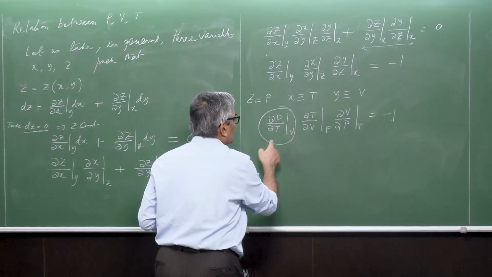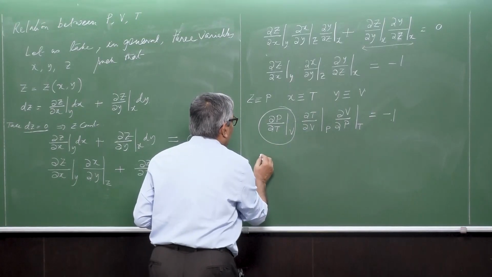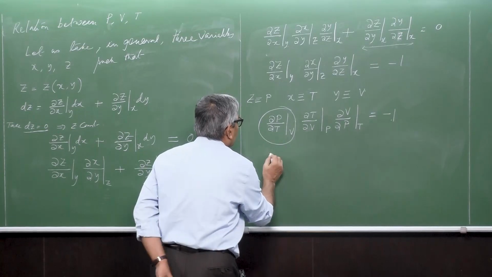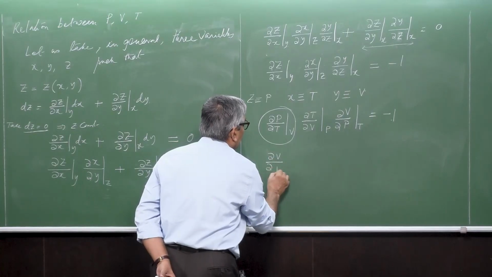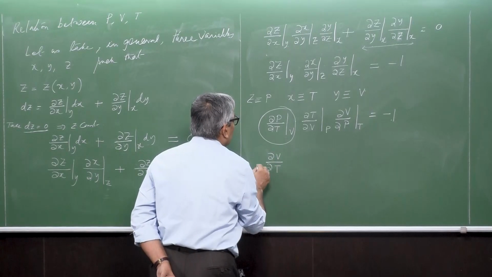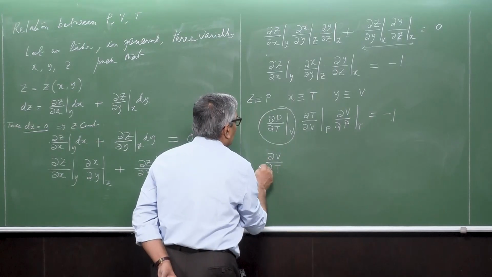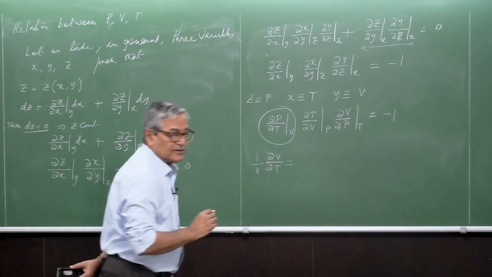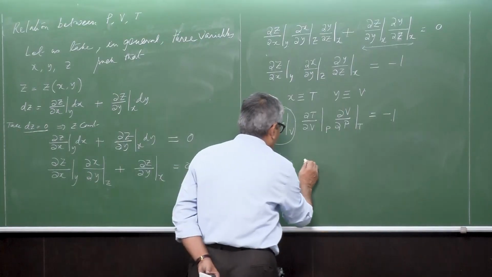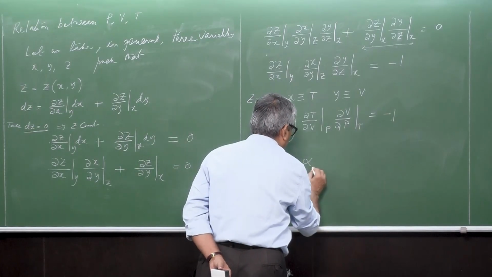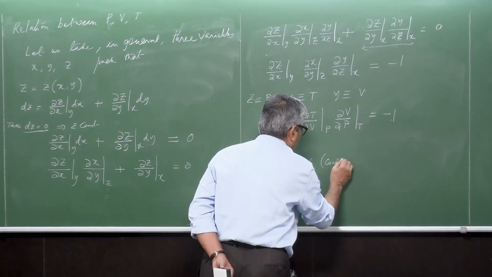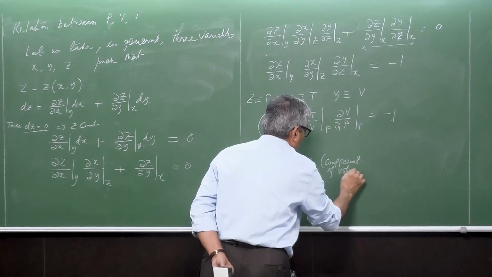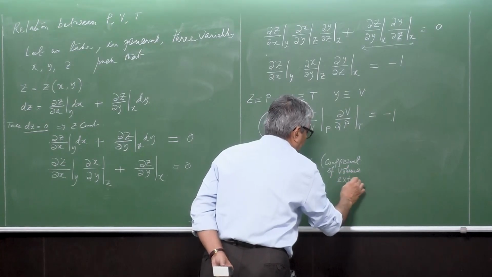So if I write 1 by V del V del T, that is the rate of change of volume with respect to temperature divided by V, the coefficient of volume expansion, alpha.